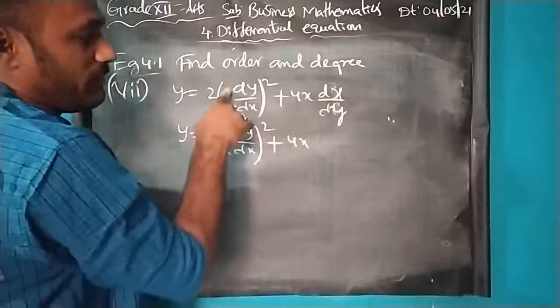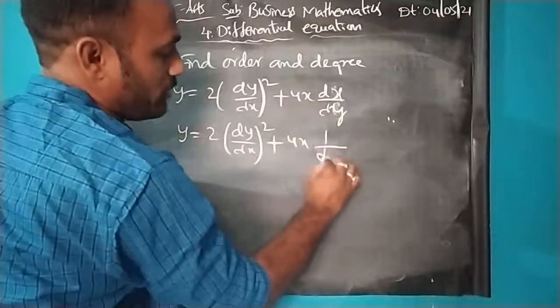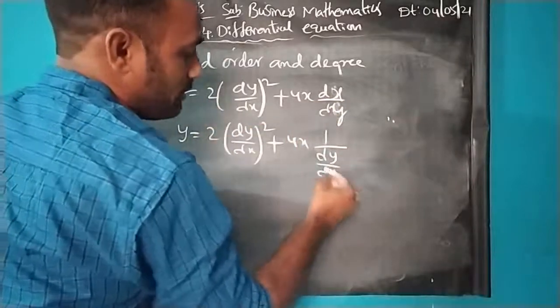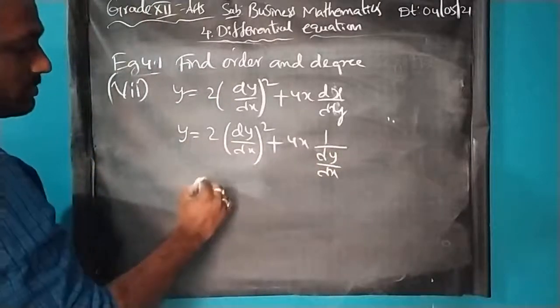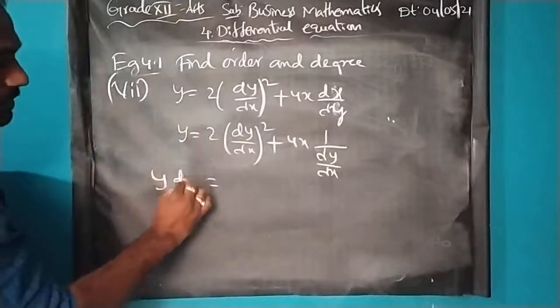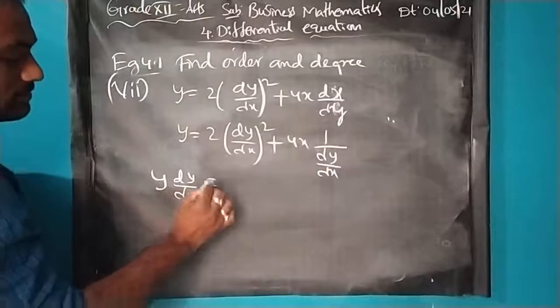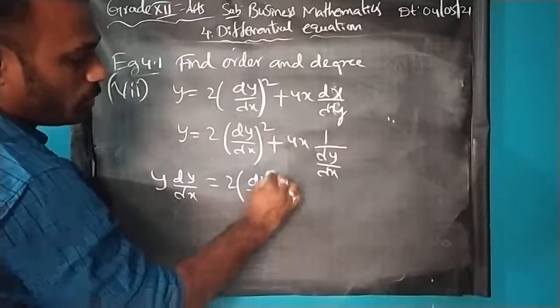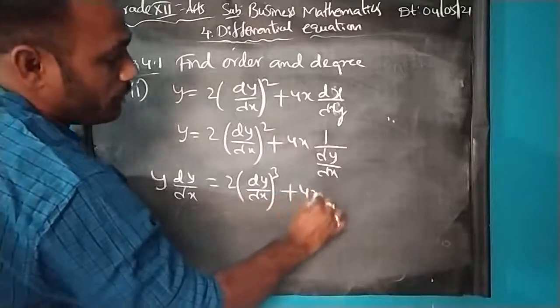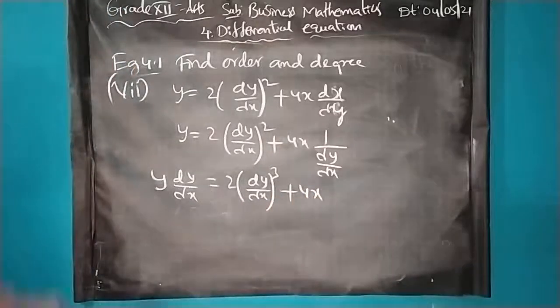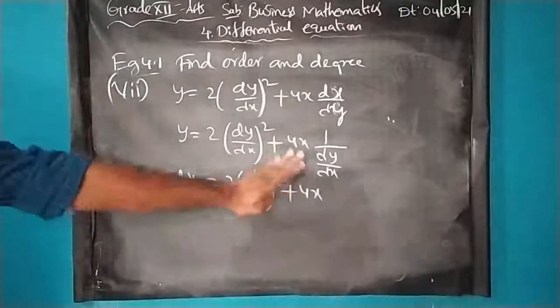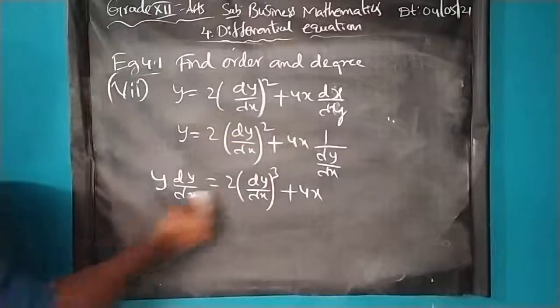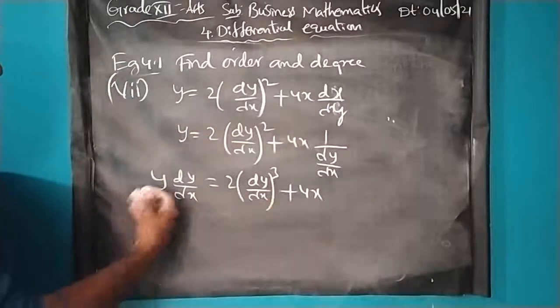Why? Because we want it in dy by dx. So this can be written as 1 by dy by dx. So LCM will be dy by dx. It will become y into dy by dx equals 2 into dy by dx whole cube plus 4x. So dy by dx is the LCM. We have multiplied it. So if you observe, now there are no radicals.